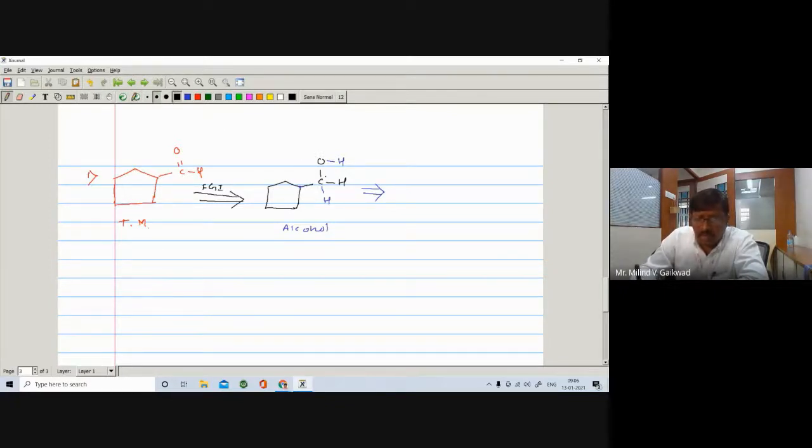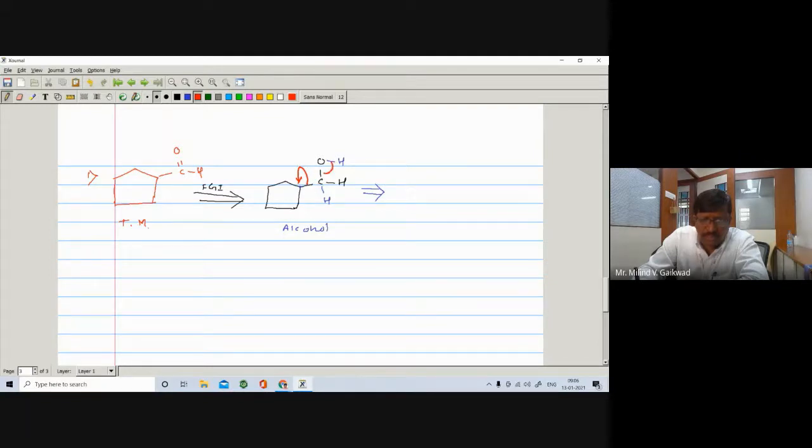So you know the alcohol can be prepared from the carbonyl compound and the corresponding Grignard reagent. So here this sigma bond will open on this carbon. C becomes negative, C becomes positive.